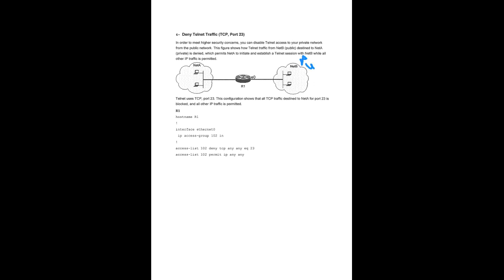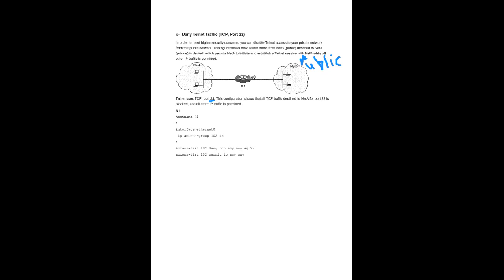We want to disable telnet to net A from the public, but we can allow net A to establish a telnet session with net B. As we know, telnet uses port 23.